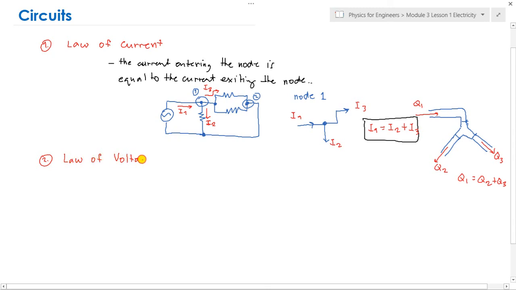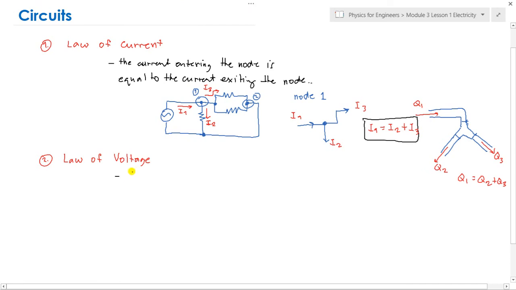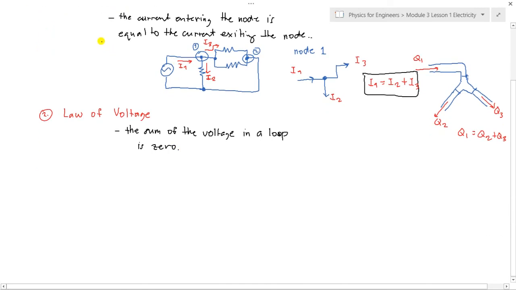The law of voltage states that the sum of the voltages in a loop is 0. Okay? That is the law of voltage. So, what does it mean?